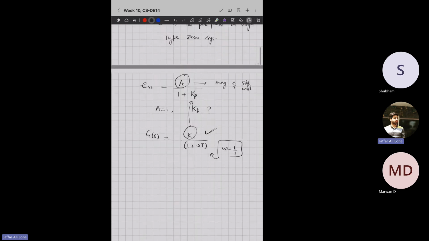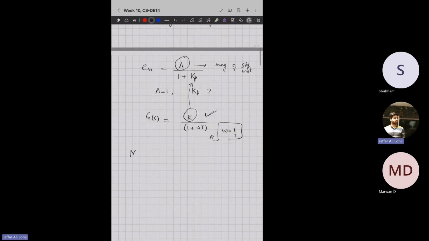So this is a very, very important formula: the magnitude in decibels is given by plus or minus 20 into R into log of omega naught, plus 20 log of K. This will be plus or minus depending on whether there is a pole or a zero at the origin.